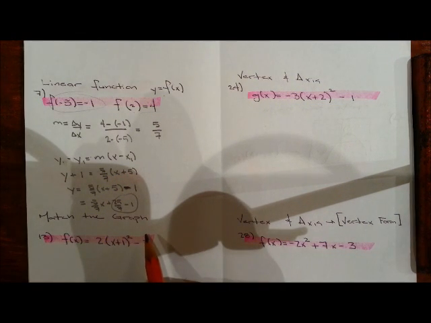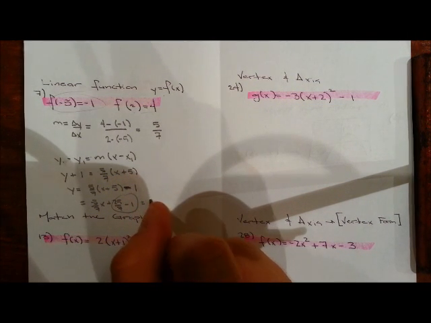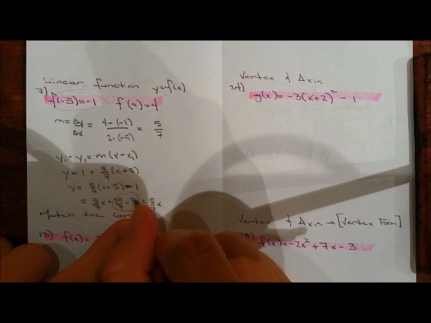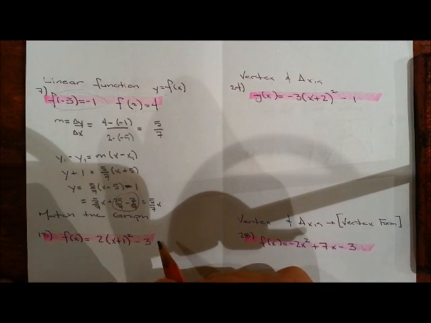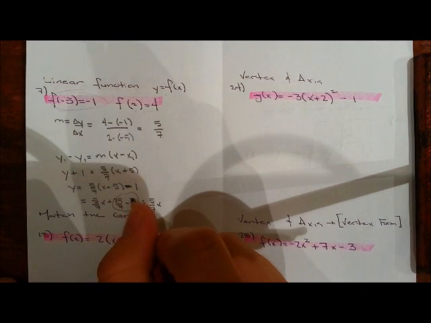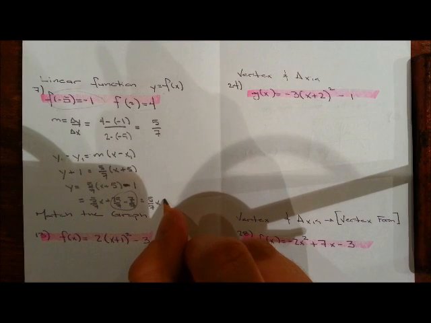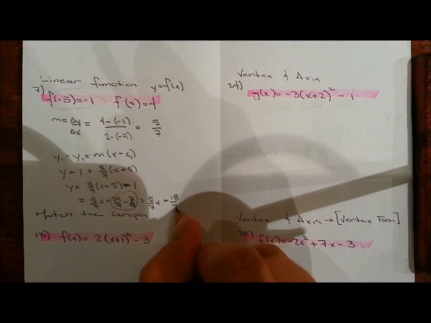I need to combine this part of the function. So 5 over 7x, and 25 over 7. To get this common, I'm going to make this 7 over 7. So I have 25 minus 7, which gets me 18 over 7. So now I'm going to have plus 18 over 7.